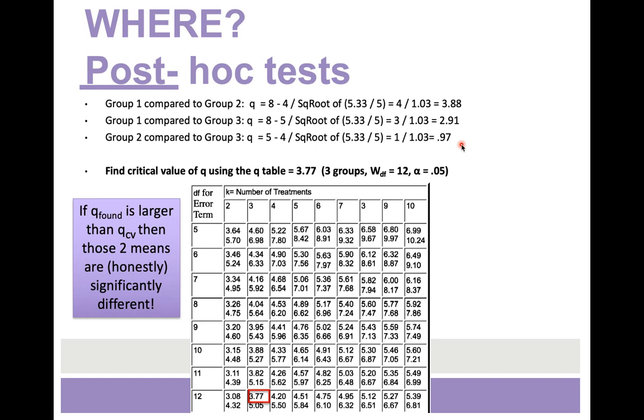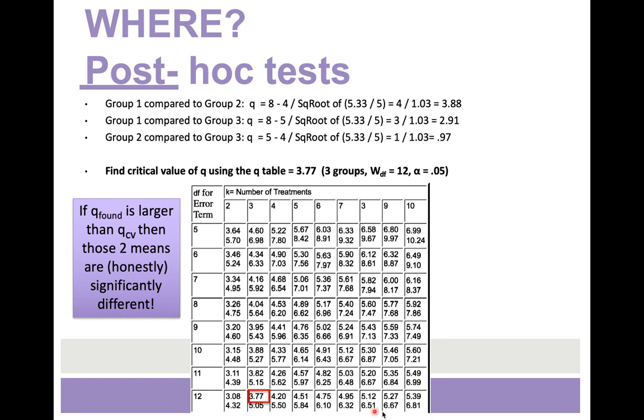It's very similar in usage to our F table, because along the left-hand side, we use our within degrees of freedom, which was 12, because we again had 15 participants across the whole experiment, minus K, which was 3 for 3 groups, so 15 minus 3 is 12.